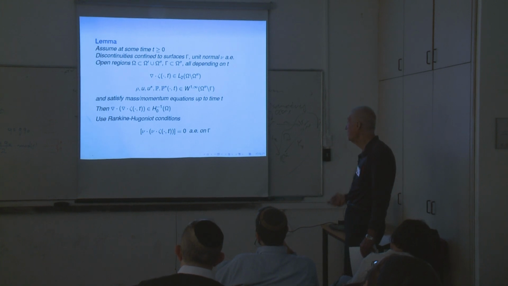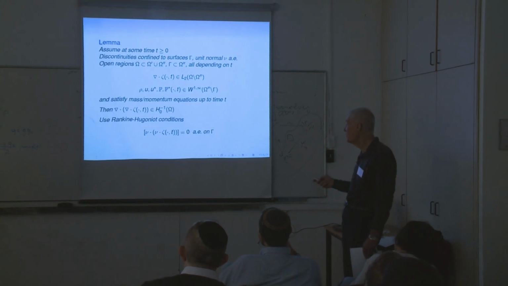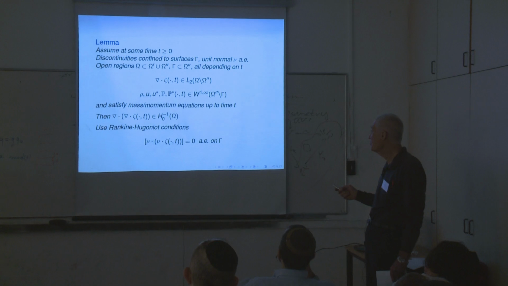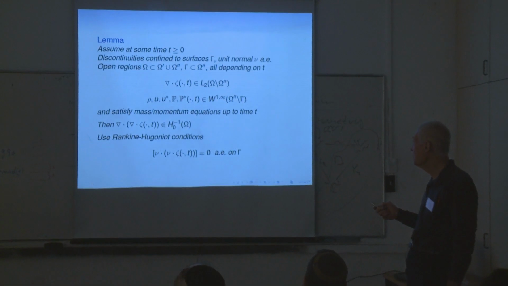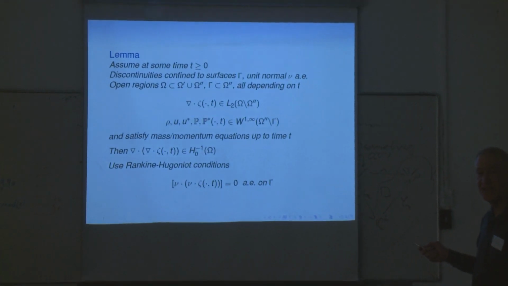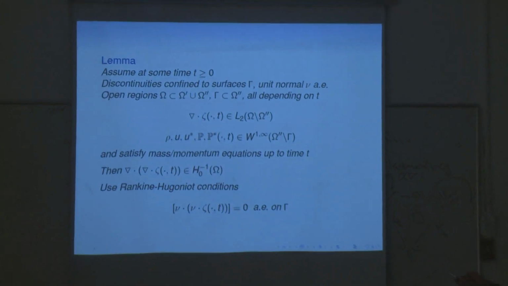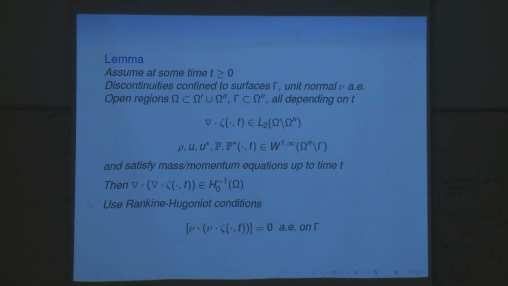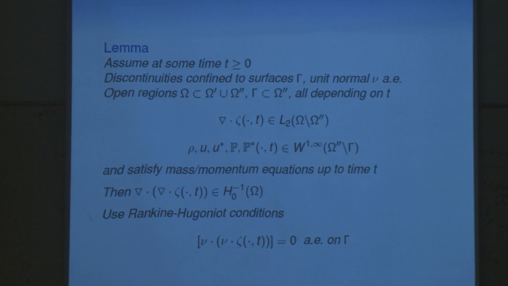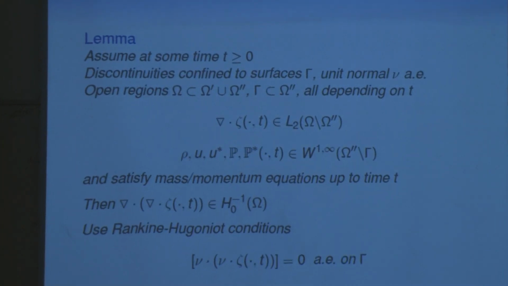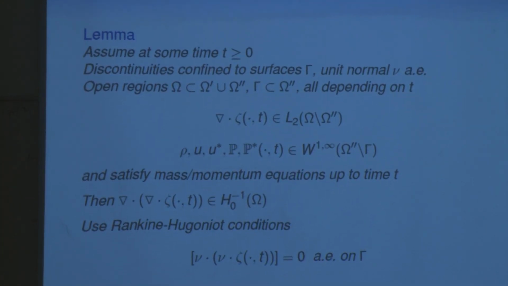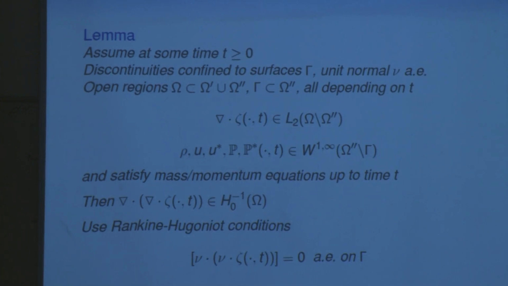Okay, so next we need a lemma on when we can recover this, and it turns out that it comes out very nicely. If you have a nice model, everything is smooth except for some shock curves, which may intersect and may reach the boundary. That's perfectly all right. But outside of the shock curves, everything is well behaved. And you satisfy the mass and momentum equations up to time t.